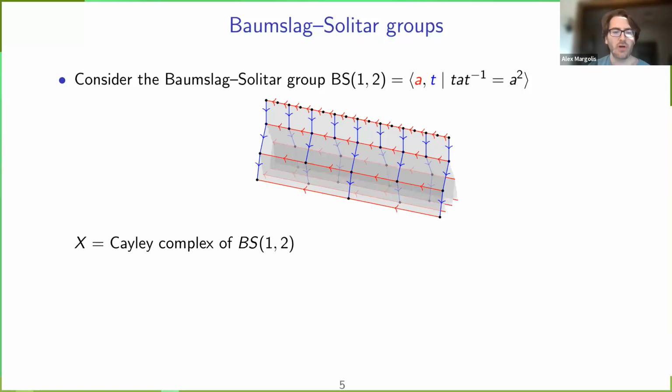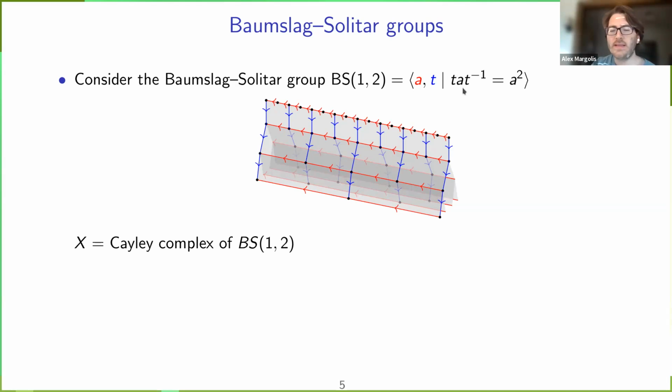And I've drawn here a portion of the Cayley complex of this group. You can see the horizontal arrows going to the left correspond to the generator a. So moving one step to the left is multiplying by a, and moving one step down is multiplying by t.